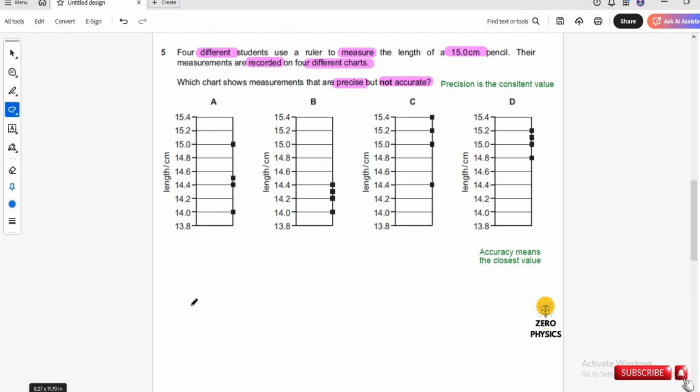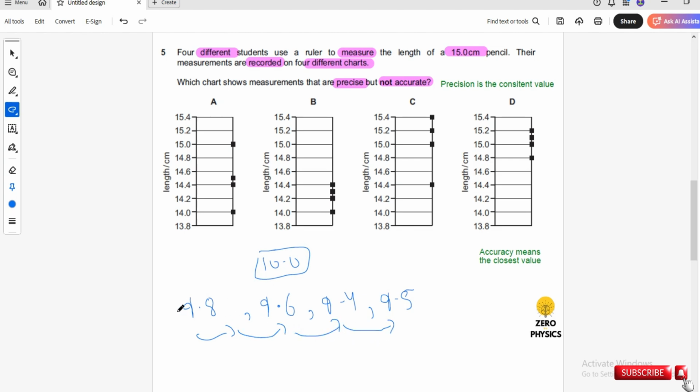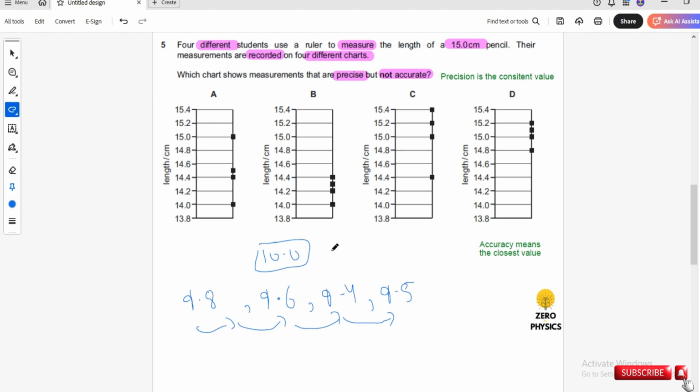For example, if we have values like 9.8, 9.6, 9.4, and 9.5, and we have the actual value of 10.0, these values are not much accurate, but they are precise as they have a difference of about 0.2, 0.2, 0.1, 0.1. So they are precise values, but not much accurate.